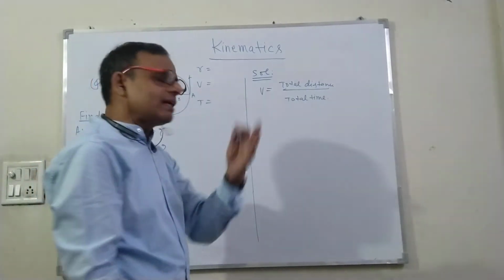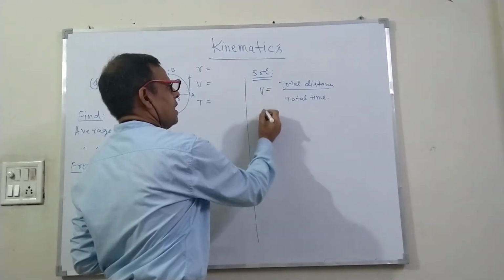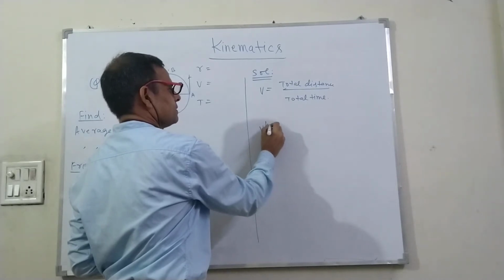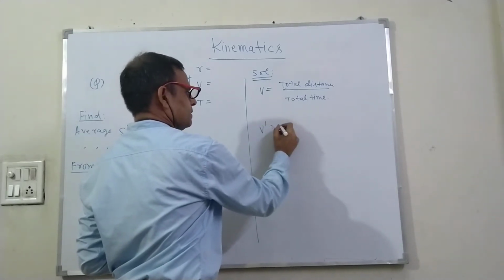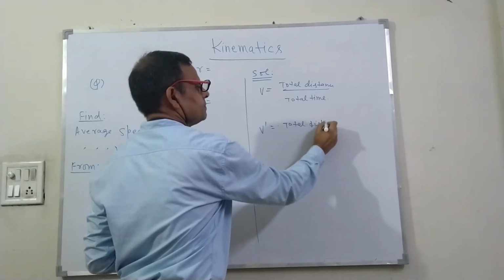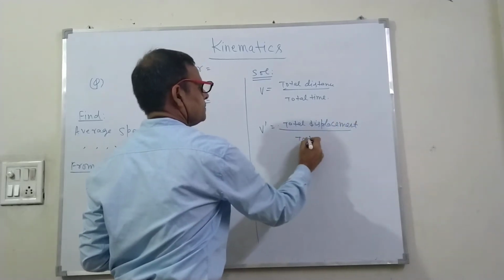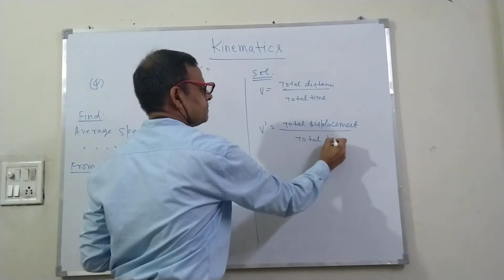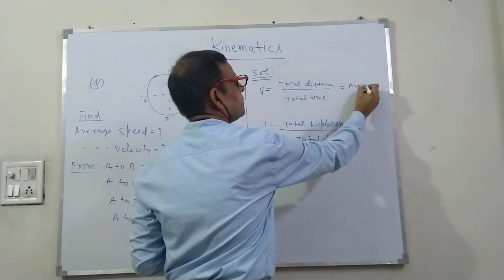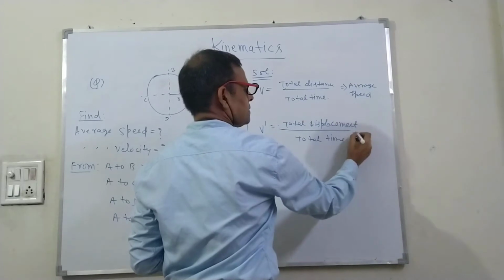And for average velocity, let it be V dash: total displacement by total time taken. This is for average speed and this is average velocity.